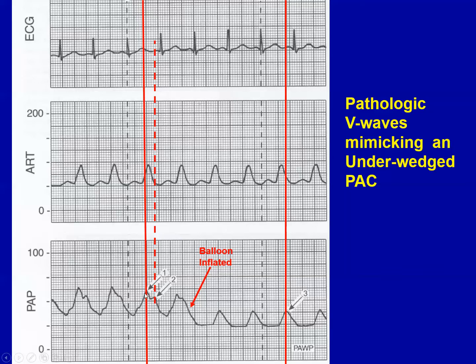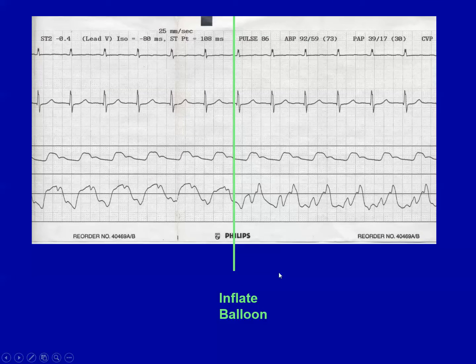Notice that the peak of the systolic wave in the PA occurs with the T wave, whereas these pathologic V waves occur later. And thus you know that this is not an incompletely wedged catheter, but in fact these are V waves. This is an example in a patient.